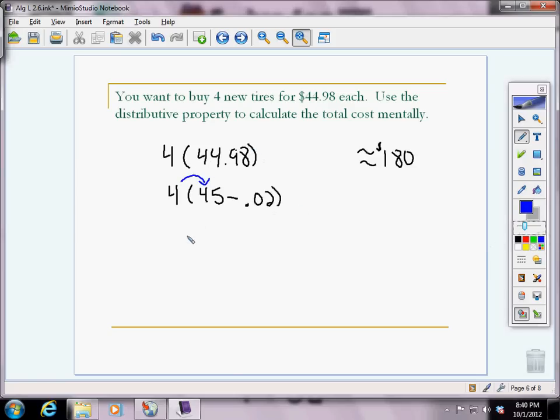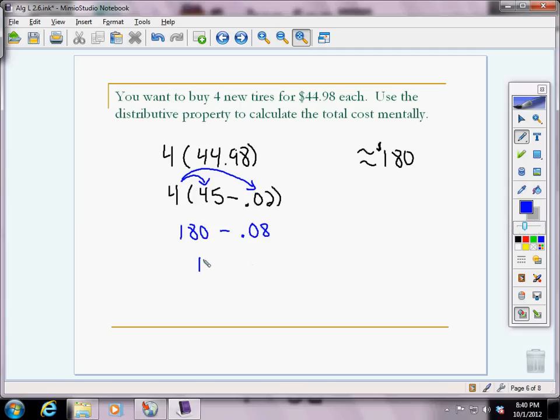Like we said, 4 times 45 is 180. But we want to subtract this. Now what is 4 times, well, I think of it as 2 cents. 2 hundredths. But if you think of it as 2 cents, well, it's 4 times 2 cents, or 2 hundredths. And hopefully you can come up with 8 hundredths, or 8 cents.